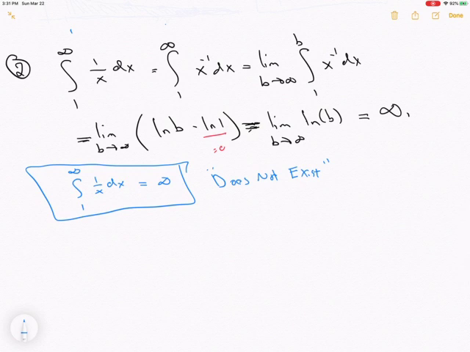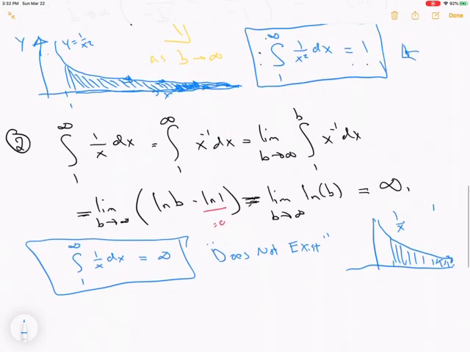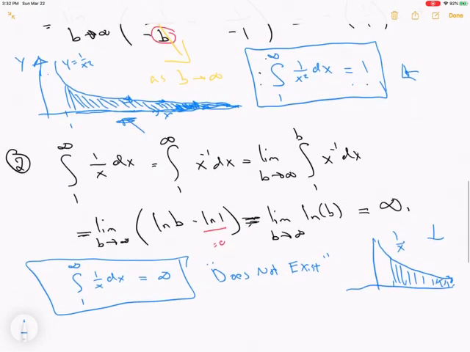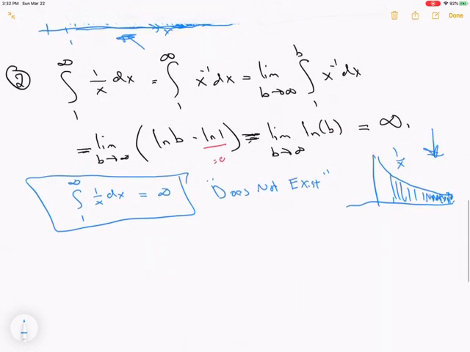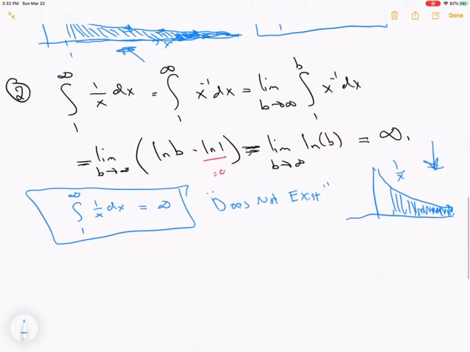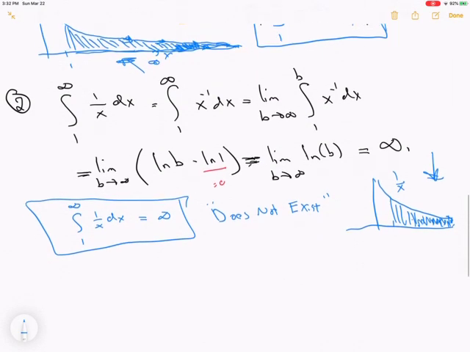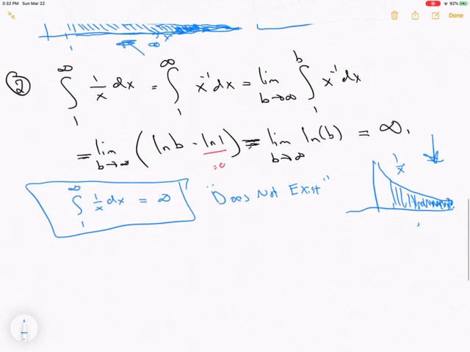Now, my picture here isn't very precise. It's going to look very similar because I'm just doing rough sketches. But now you're looking at the graph of 1 over x, and it's sort of the same. You can't really tell the difference between this picture and this picture over here. But it turns out this thing is a little bit thicker than this one, and the area here is actually infinite.